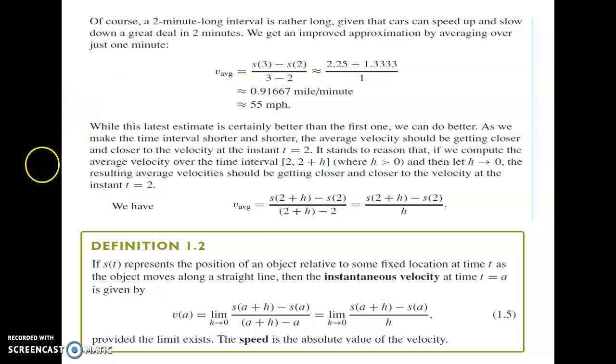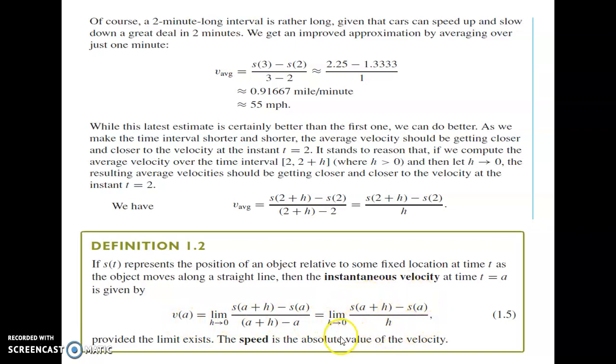So for that we need to define that the average velocity now becomes the instantaneous velocity. So if I find the limit of the average velocity, I get the instantaneous velocity, which is denoted as v(a). So v(a) is the instantaneous velocity.